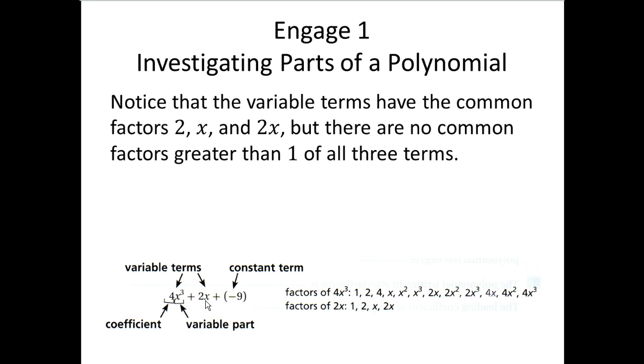So notice that the variable terms have the common factor of 2, since 2 divides both of these terms. x also divides both of these terms, but there are no common factors greater than 1 for all three terms, because the only numbers that divide -9 are 1, 3, and 9. But notice that these two variable terms do not have factors of 3 or 9. So the greatest common factor of all three of these would be 1.